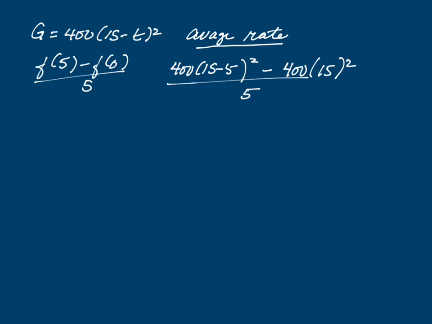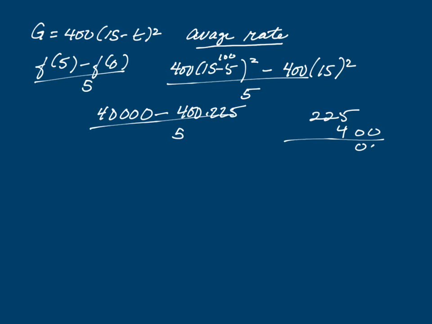So that is 400 times 100, which would be 40,000, minus 15 squared is 225, so 400 times 225 over 5. 225 times 400 is 90,000.